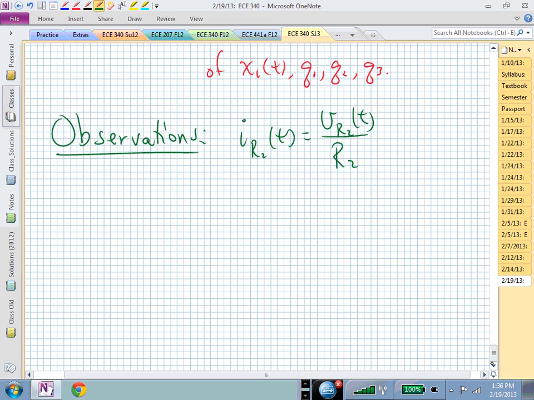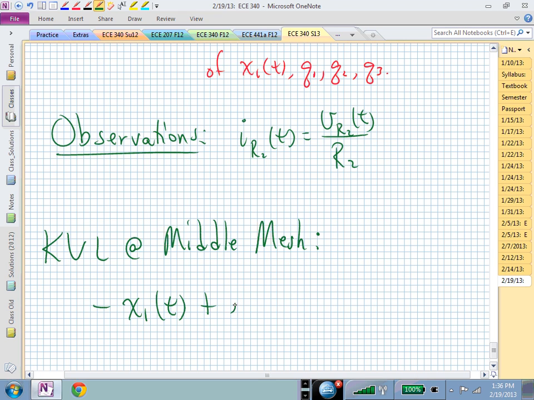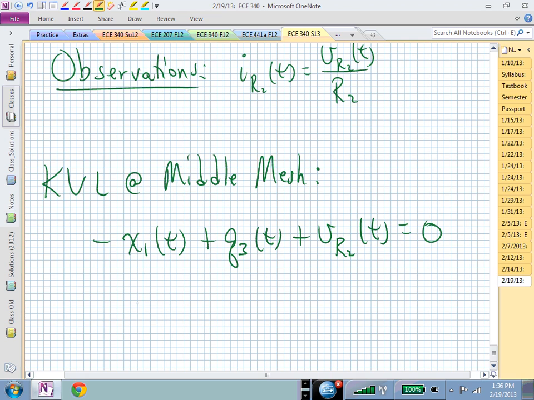What do we have? I just did a KVL at the middle mesh, which said minus x sub 1 of t plus q sub 3 of t plus V sub R sub 2 of t is equal to 0. This now can be solved for V sub R sub 2 of t, and that's simply equal to x sub 1 of t minus q sub 3 of t.